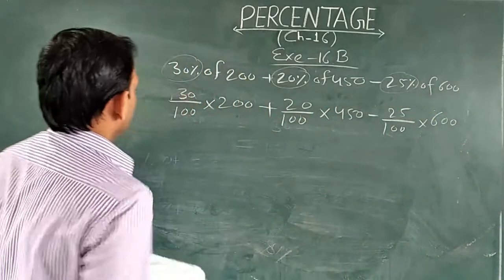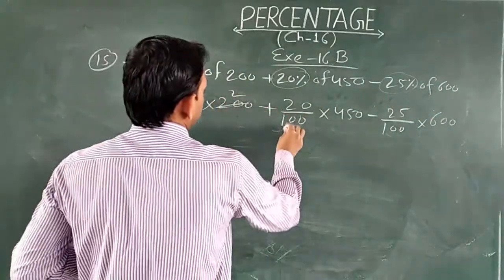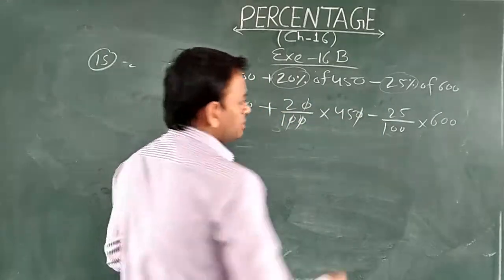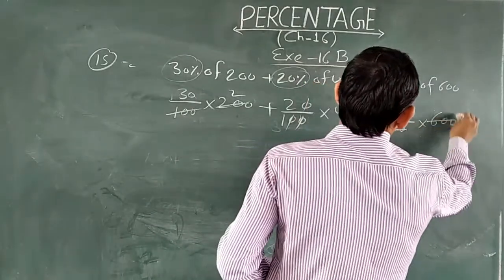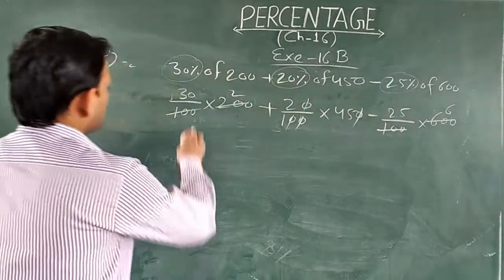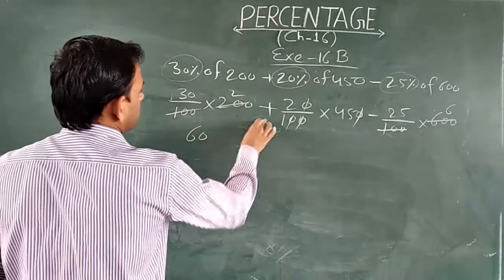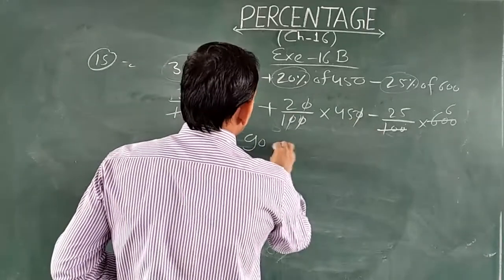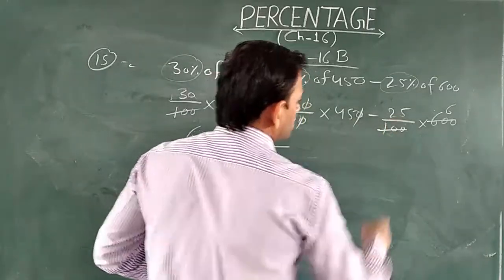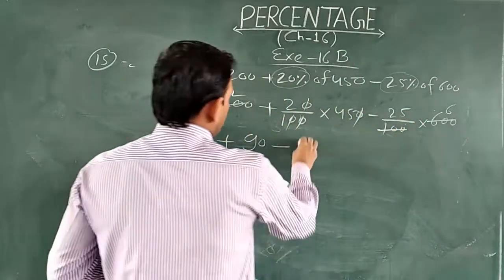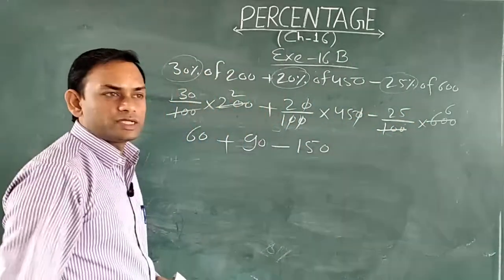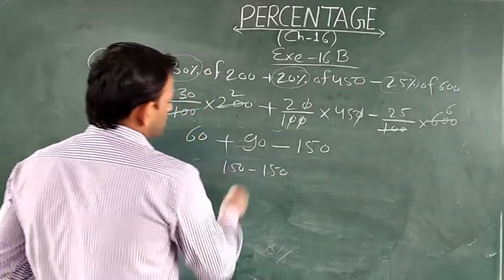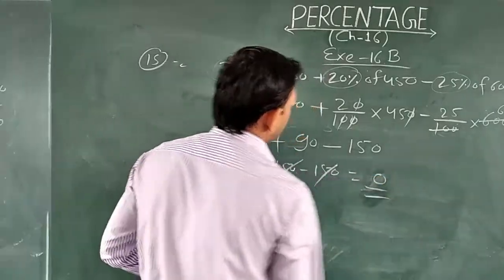Now we will solve it. 10 to 10, 20 to 20 has been cancelled, and it will go by 6. Now 30 2s 60 plus 45 2s 90 minus 5 6s 150. Now we will solve it. It will be 150 minus 150, it will be cancelled, and the answer is 0.